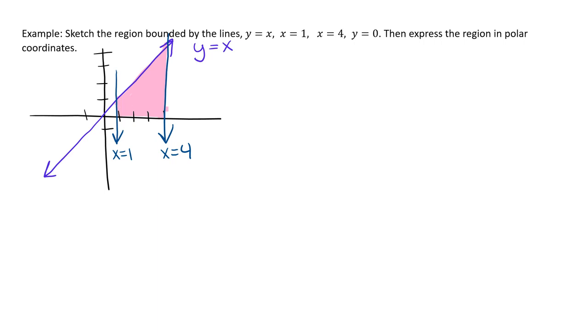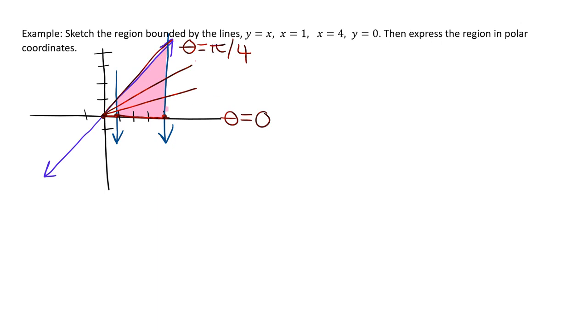And so now let's see if we can express this region, think about this region in polar coordinates. So to help me think about the region in polar coordinates, I'm going to think about, if I were drawing basically rays from the origin, how can I describe the angles made up in that region and the radiuses, or the distances, from the origin?